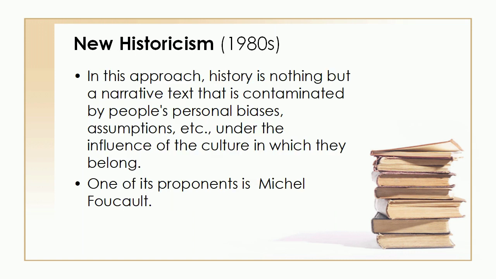So, the next approach is New Historicism. New Historicism emerged in 1980s, early 1980s. In this approach, history is nothing but a narrative text that is contaminated by people's personal biases, assumptions, and many more, under the influence of the culture in which this history belongs.